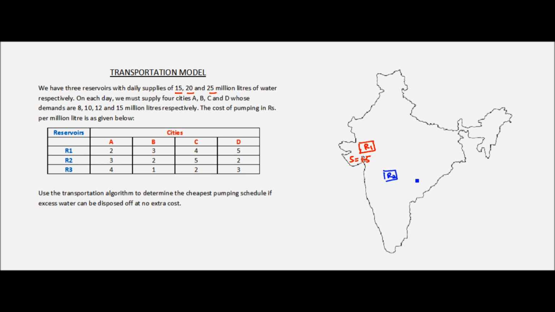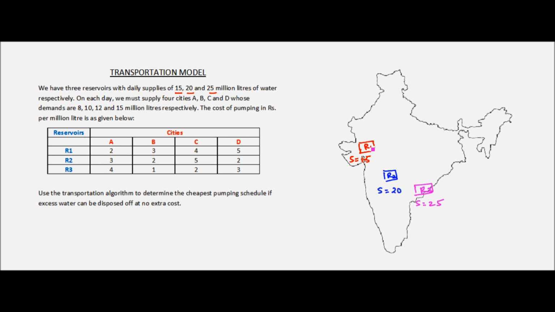So this is R2, and we have been given that the supply capacity for R2 is 20 million liters per day. So supply capacity is 20, and the third one is here, and the supply capacity is 25 million liters of water per day. So 25. So basically there are these three reservoirs who have the capability to supply water to different cities.